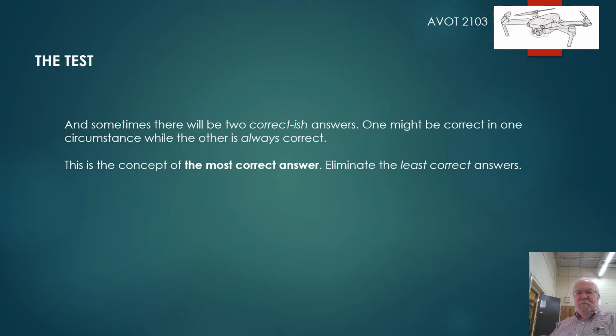I made that word up. But one might be correct in one circumstance, while the other one might be always correct, and that's what they're looking for. Concept of the most correct answer. So sometimes of those 2 leftover answers, you need to find the one that's least correct, or least incorrect rather, and eliminate that as well.